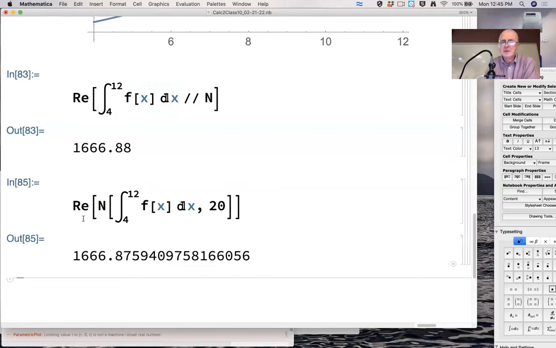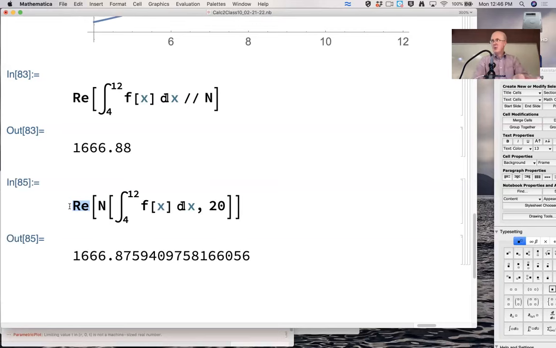So the capital N does the approximation, whether you do a slash at the end or at the beginning by putting the thing you're trying to approximate inside square brackets. If you put a comma 20, you can get 20 significant digits. Again, the Re here just got rid of the I. It's not a big deal. And that does approximate to 1666.88.